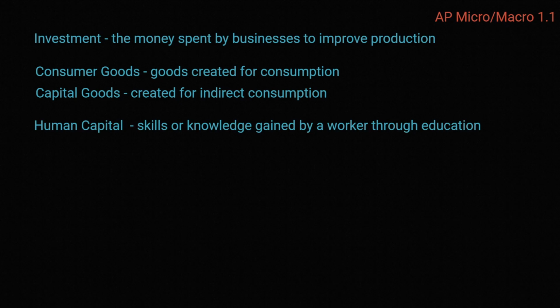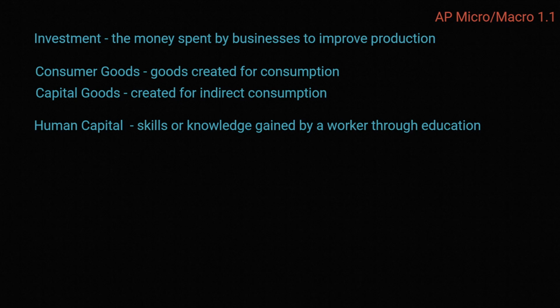Then we have human capital. So this is similar to a capital good in the fact it helps indirectly increase consumption. But it is a human who learns a skill, whether I train this person or this person goes to school and learns the skill, whatever it is. They have increased human capital.